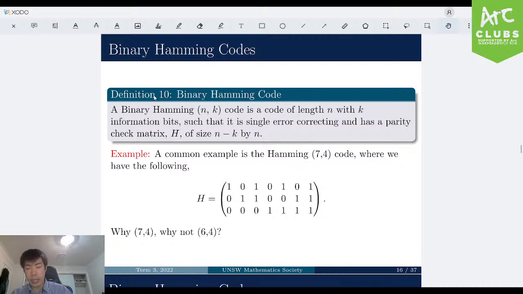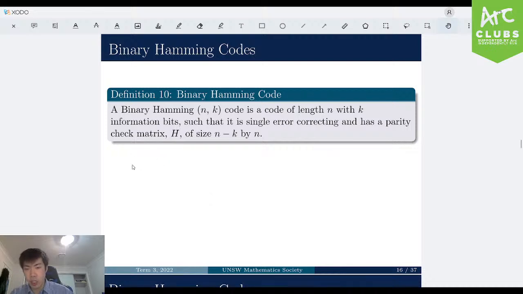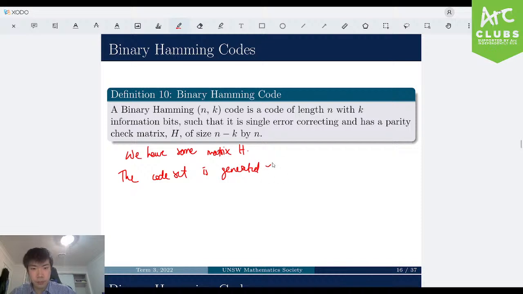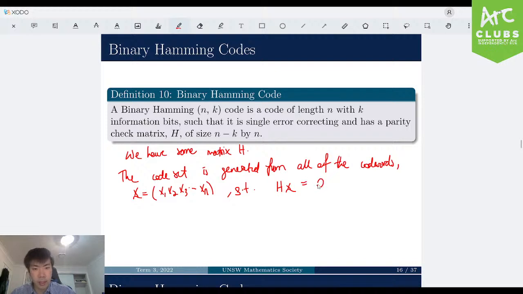You just saw that we have some matrix H. The code set, the set of code words, is generated from all of the code words, let's put them in vector notation X, for example X1, X2, X3, all the way to Xn, such that H, the matrix multiplied by a vector, ends up being the 0 vector.